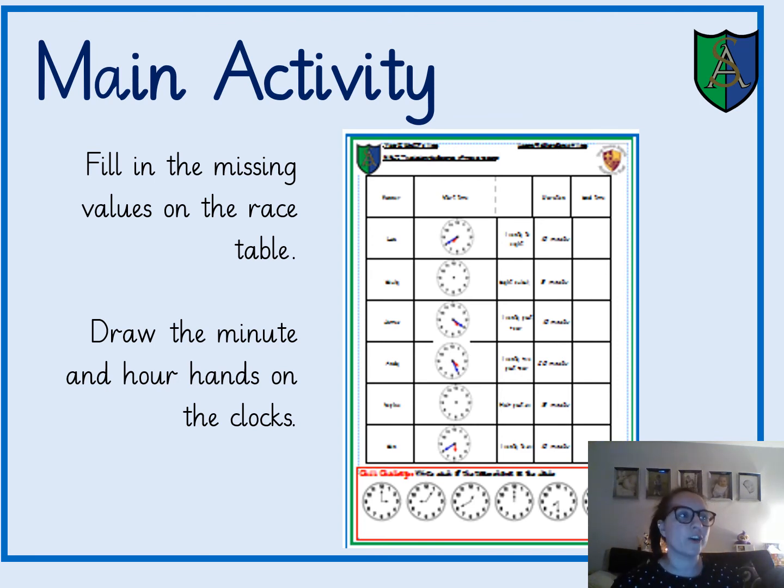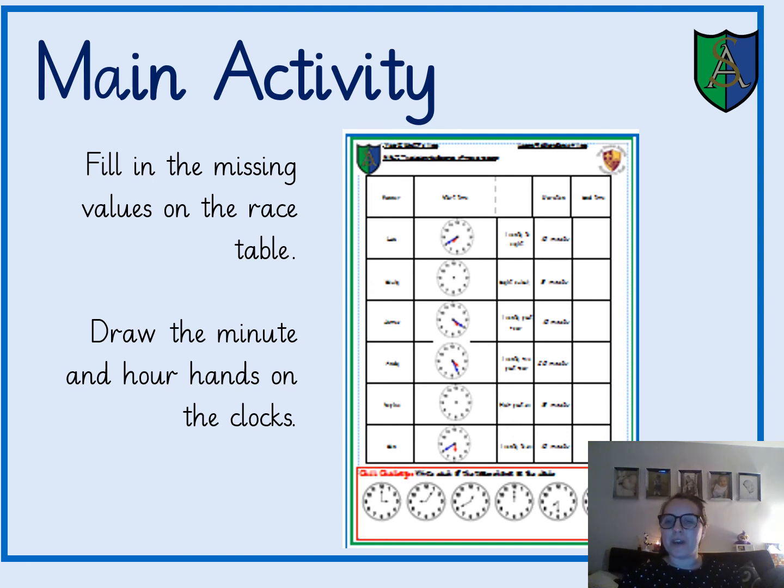If you had difficulty with the first worksheet today, I don't want you to do this part of the activity. If you're feeling 100% confident with time, then I'd like you to have a go, okay? But only if you are feeling absolutely confident with it, okay?